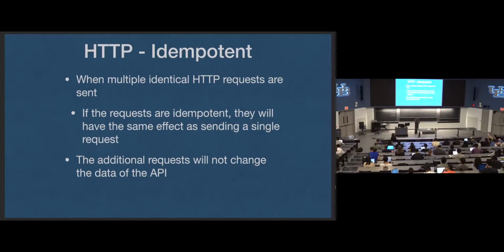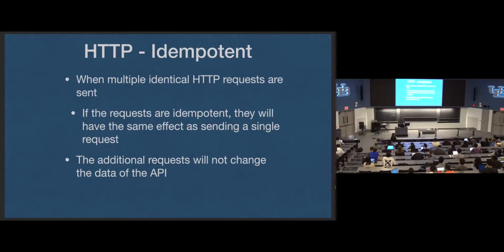I misspoke a little bit: not the state of the server, but the state of the API. If I make multiple put requests that are identical, that shouldn't change anything with the API. If I retrieve information from the API after that, it should be the same information as it was after the first put request.